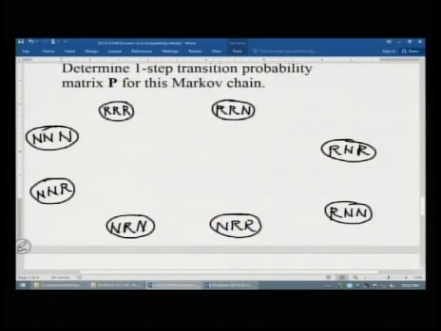Okay, so we have 8 different states this way.